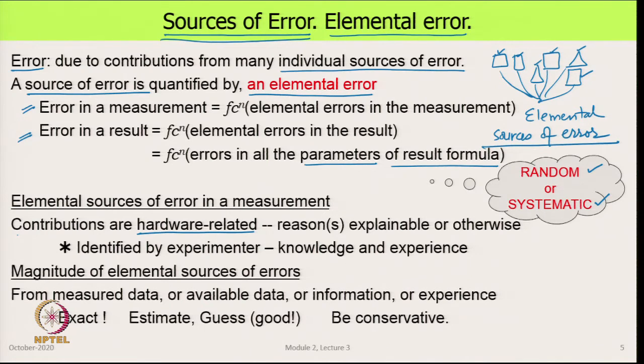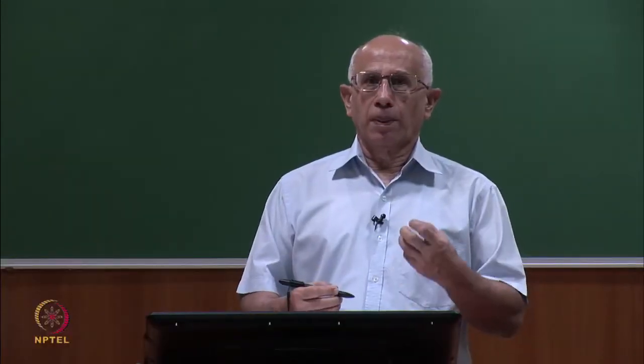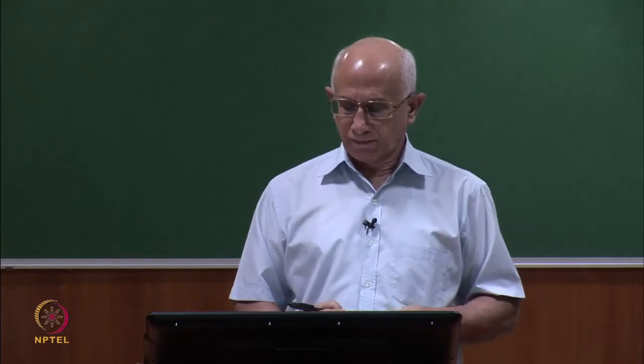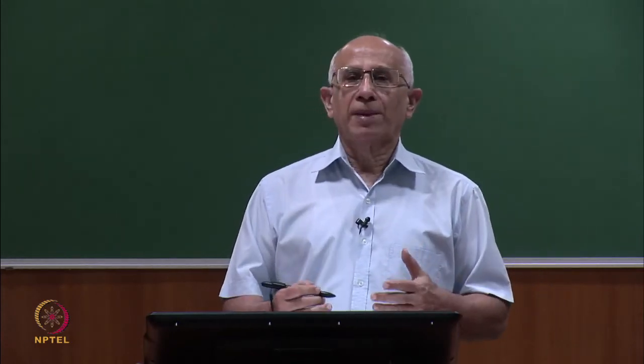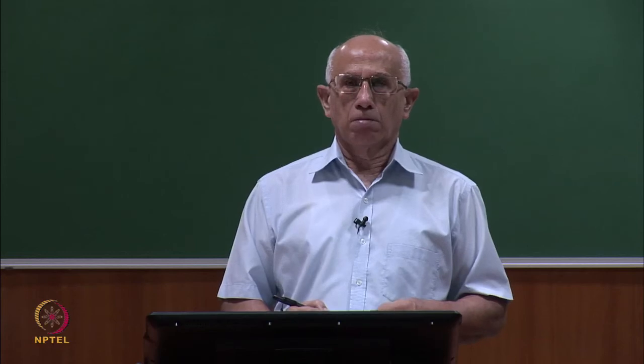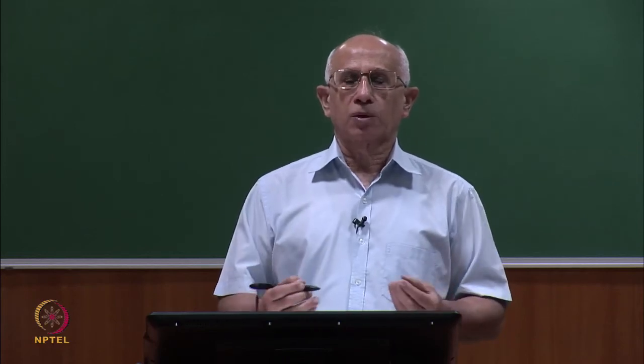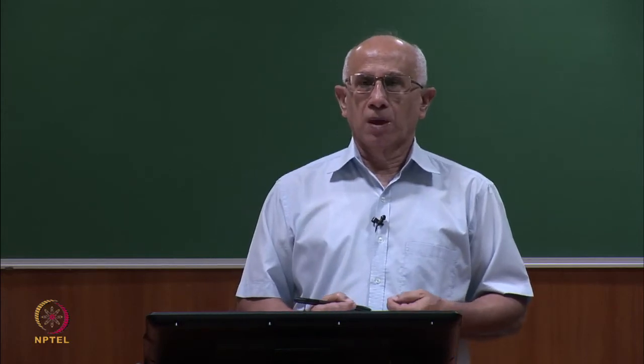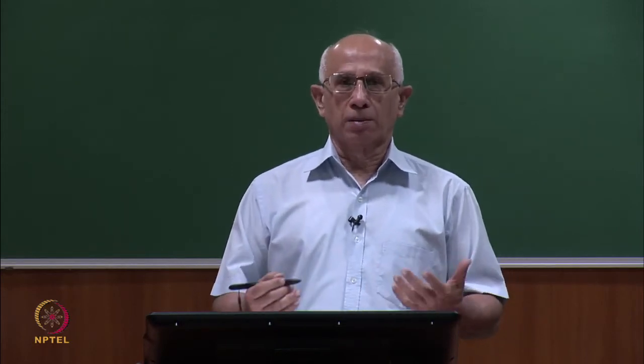We may argue about those reasons from physical reasoning, but how do we put a number or a quantity on them? That is what we are going to see. For some of them, we may know the reasons, but the theory may be too complicated to say what is the actual quantum of that error. In some cases, we know probably nothing about it.